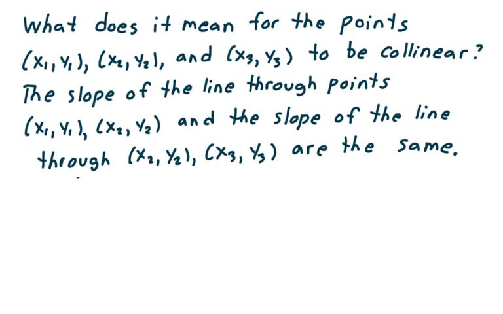What does it mean for the points (x1, y1), (x2, y2), and (x3, y3) to be collinear? What that means is that the slope of the line through the points (x1, y1) and (x2, y2) is the same as the slope of the line through the points (x2, y2) and (x3, y3).